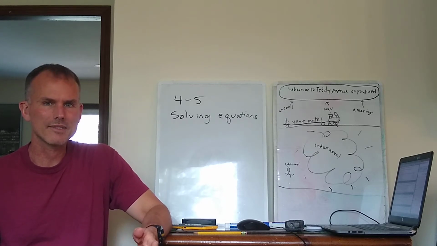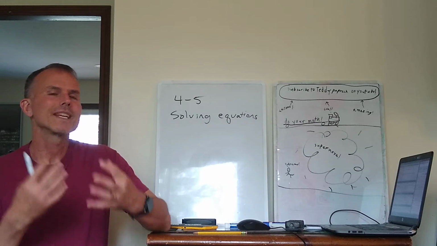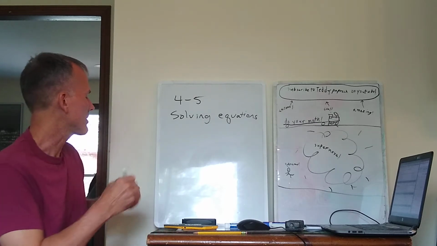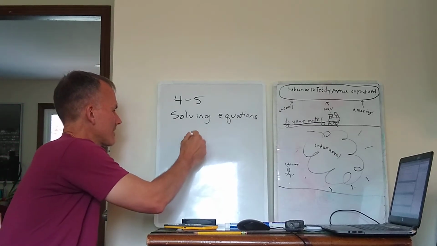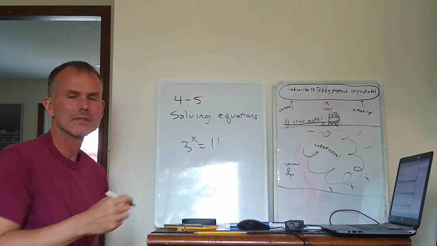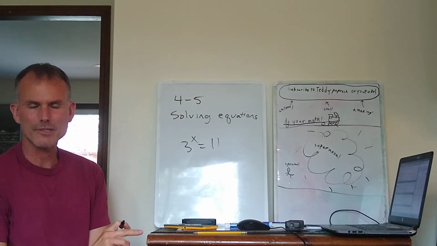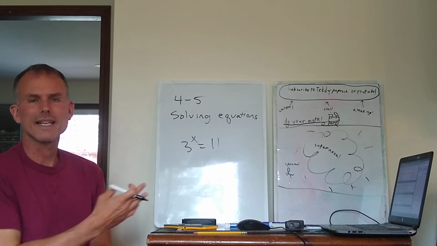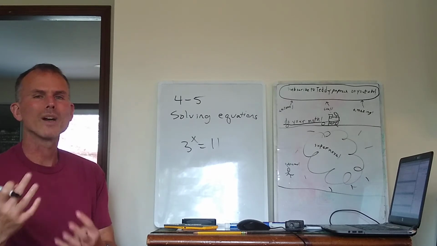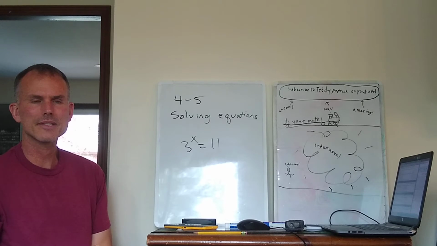There are going to be equations that involve exponential expressions, such as 3 to the x equals 11. That's an equation that involves an exponential expression, so we could call that an exponential equation. That's one of the types of equations we're going to solve today.